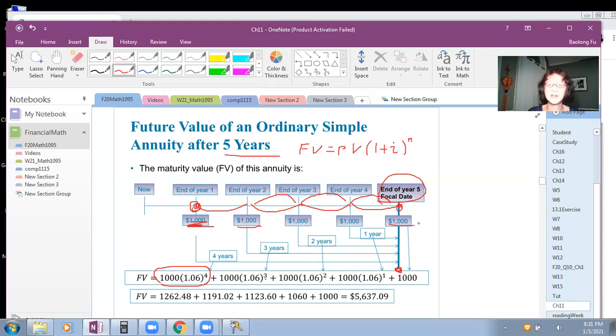And at the end of year 5, it is just the 1,000 itself. And you add all the numbers together, you get the future value, $5,637. So that is the maturity value of the annuity. For future value, we use FV.